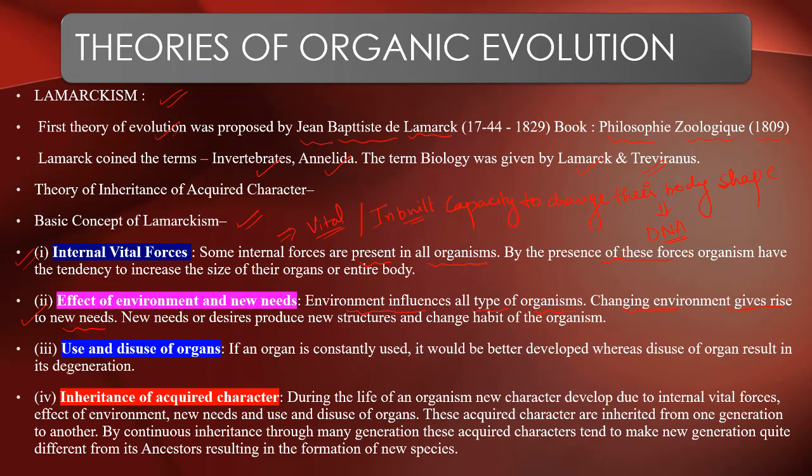New needs or desires produce new structures to acclimatize and adapt to that environment. The new needs or desires produce new structures and change the habit of an organism. Very important.